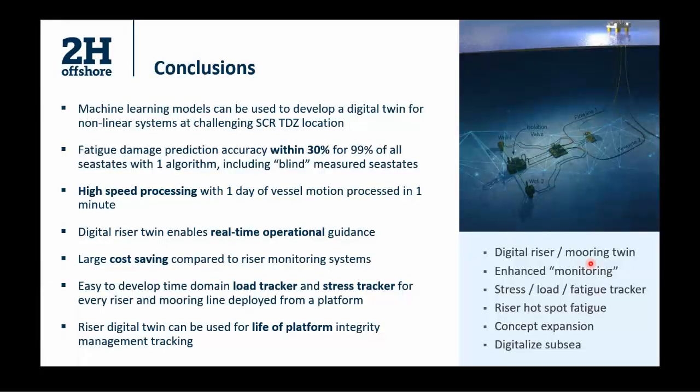We can use machine learning for monitoring dynamic structures at key locations that can provide both short-term operational decision support and long-term integrity management through fatigue damage tracking.